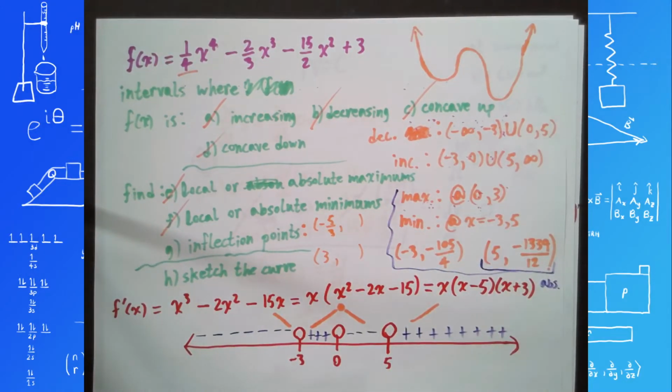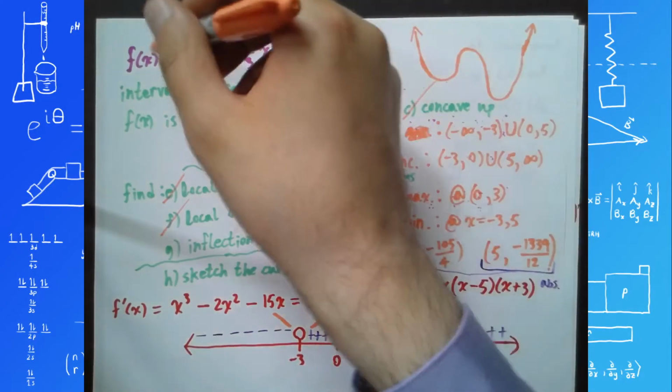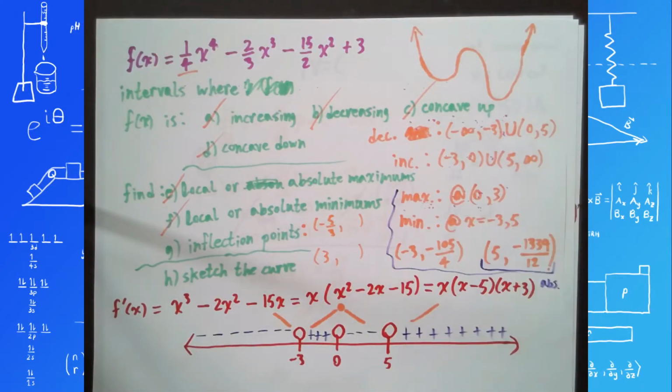You know how to plug negative 5/3 and 3 into the main function to get what that value ought to be, so I'm not going to waste your time with that. And then sketching the curve. Do we actually want to sketch this curve?